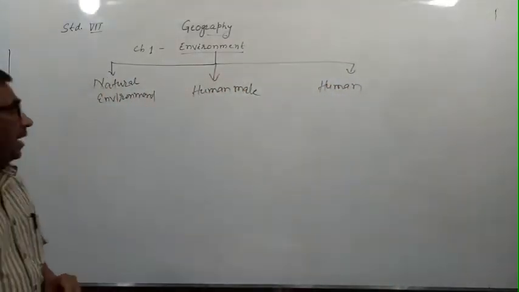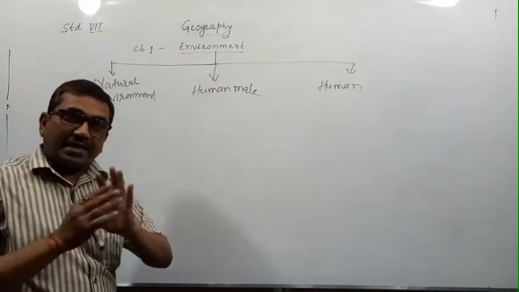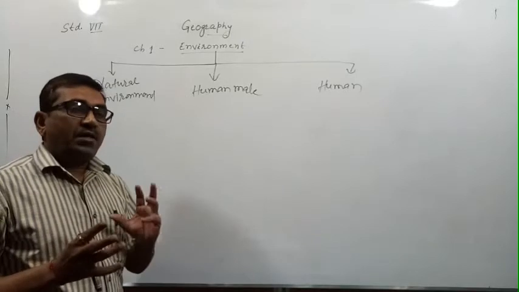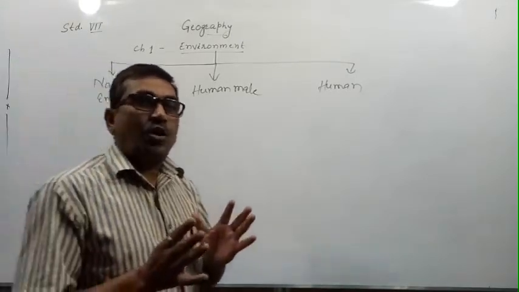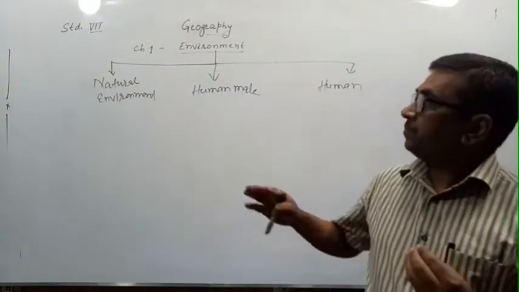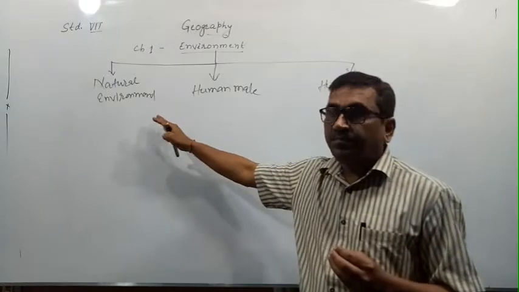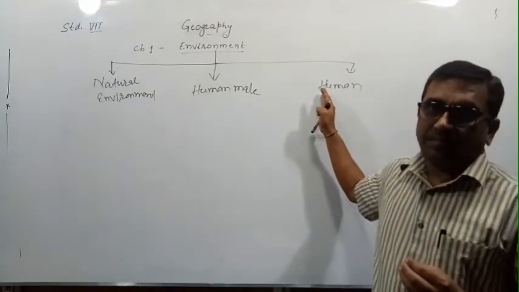It means in broad categories we can classify the environment into three basic groups, or we can say the components of the environment are natural environment, human-made, and human.